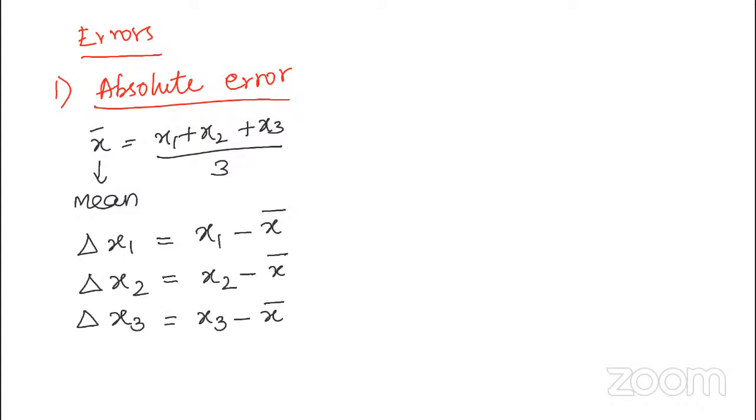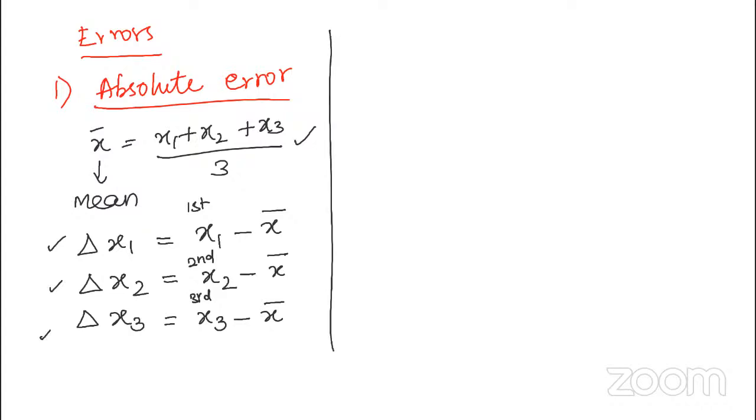To calculate all the error values, first we should calculate the mean value. How to calculate the mean value? If they give 3 numbers, we add all 3 numbers and divide, then we get the mean value. These are the first value, second value and third value. When we subtract from those values, we get the error values. Those errors are called the absolute error.